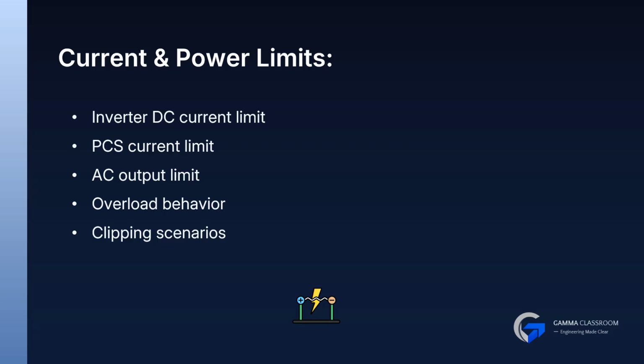Overcurrent conditions trigger protection responses such as clipping, curtailment, or shutdown. Engineers must size conductors, fuses, and breakers to match inverter current behavior in both normal and fault conditions.